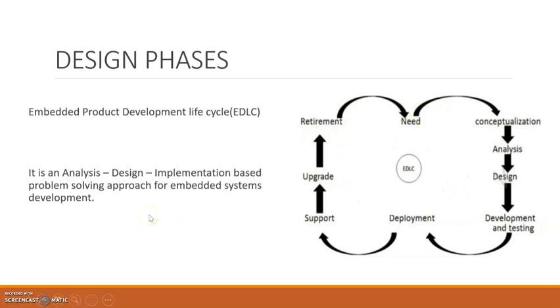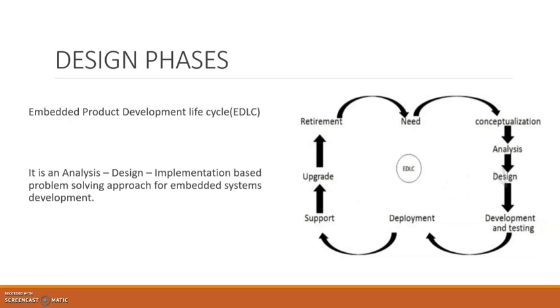This design is an analysis, design, implementation based on a problem-solving approach. So here we are solving a problem. We are going to find the solution for the requirement of a customer or a client. Based on his requirement or his need, we are going to design our product.